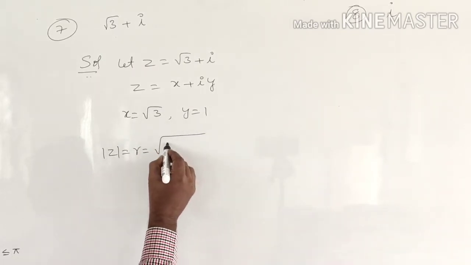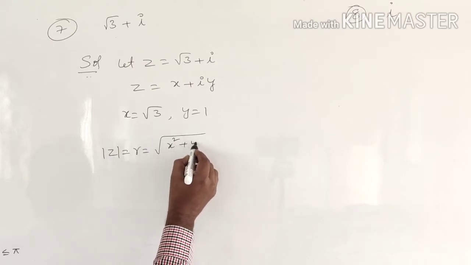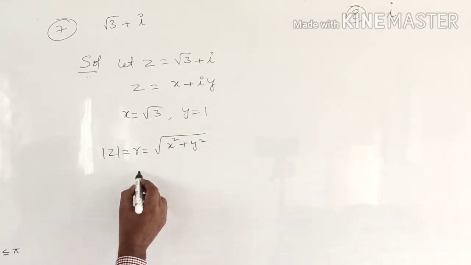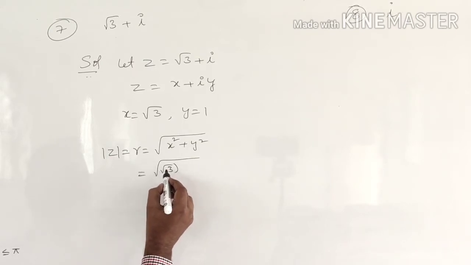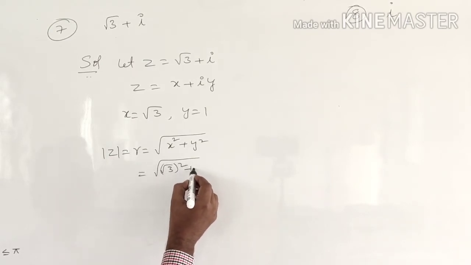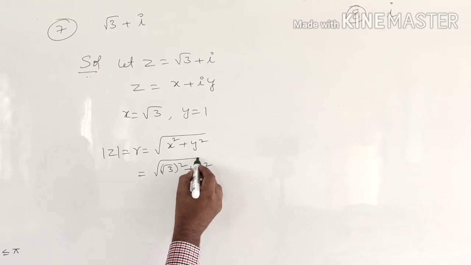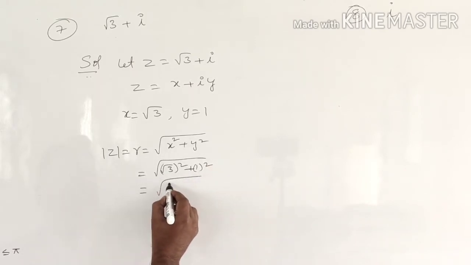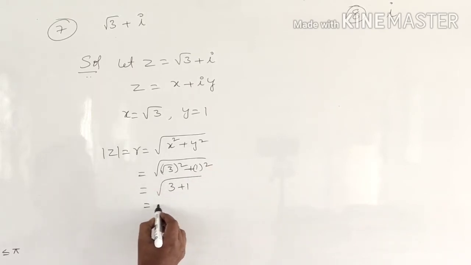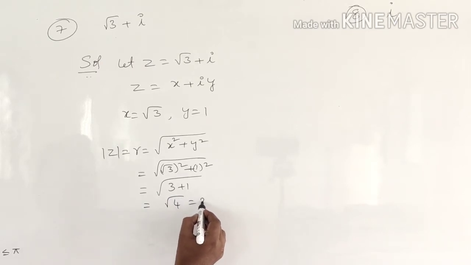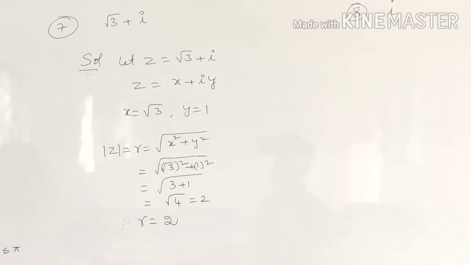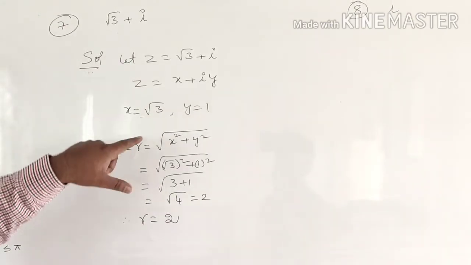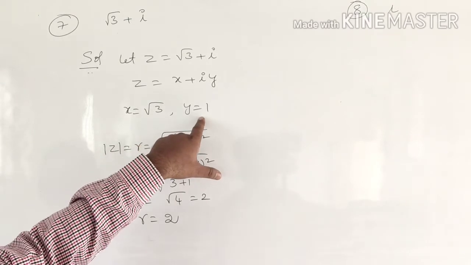The formula is positive root over real part square plus imaginary part square, root over root 3 whole square plus 1 whole square. So you will get 3 plus 1, which is equal to root 4, that is equal to 2. Therefore the r value is equal to 2. Now we need the argument. Argument means in which quadrant does it lie? x greater than 0, y greater than 0.